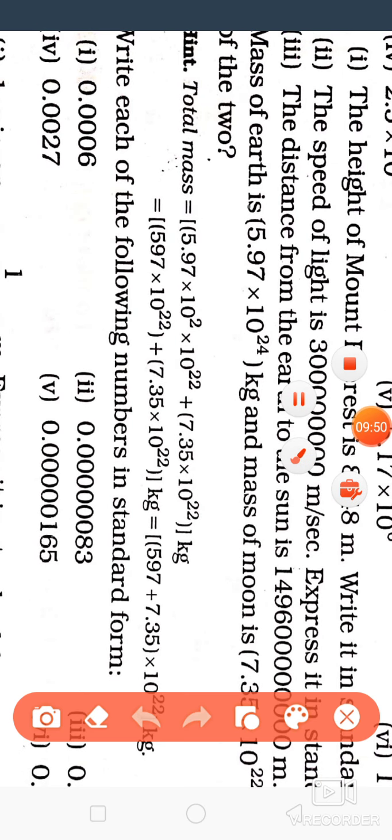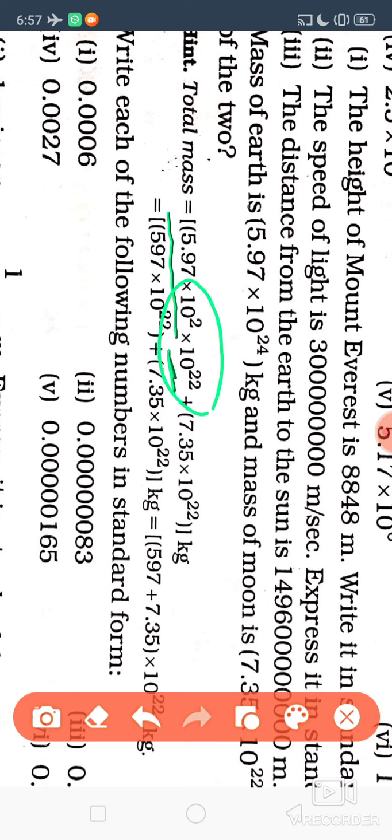Now you can see total mass from the hint only, the same thing I have to write is written here, so I am telling you from here. Look here, total mass: 5.97 into 10 to the power 2 into 10 to the power 22. Why have we written it in this form? 10 to the power 2 into 10 to the power 22 overall gives 10 to the power 24 only.